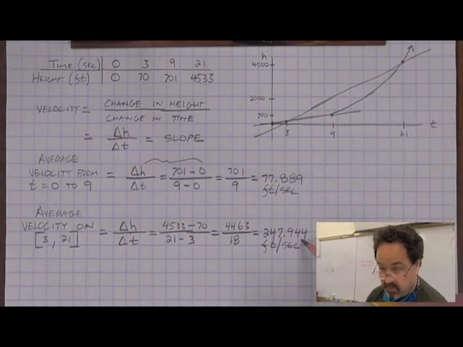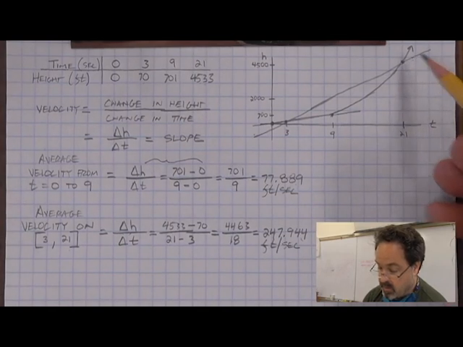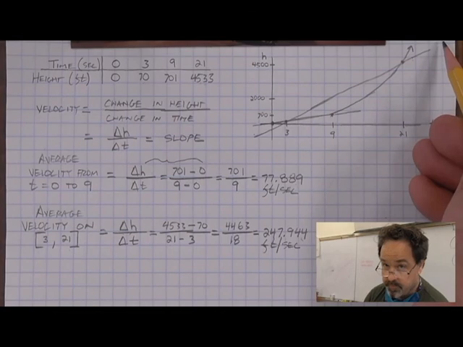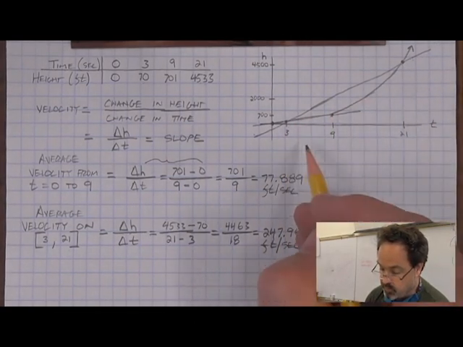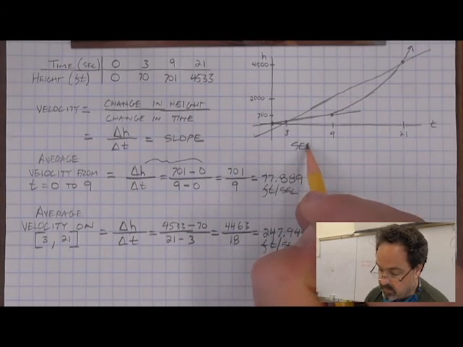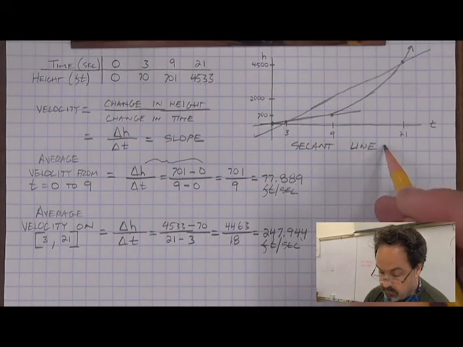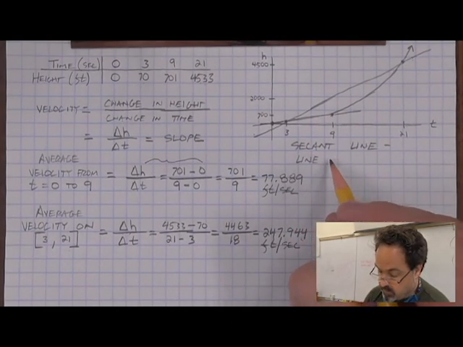The higher velocity of this line is seen in it having a greater slope. These two lines, because they connect 2 points, are called secant lines. A secant line is a line that intersects in two locations.